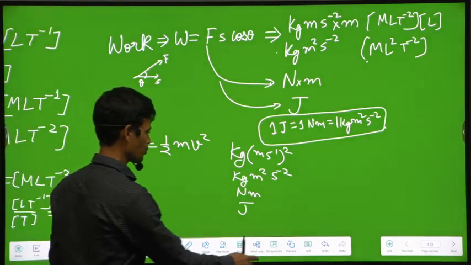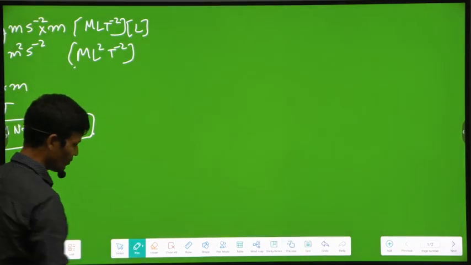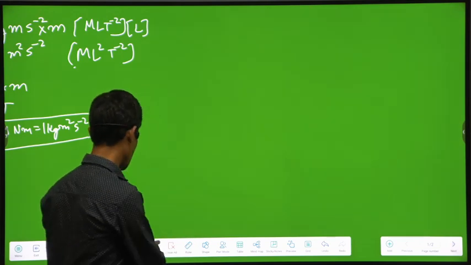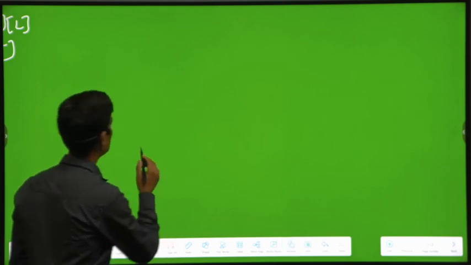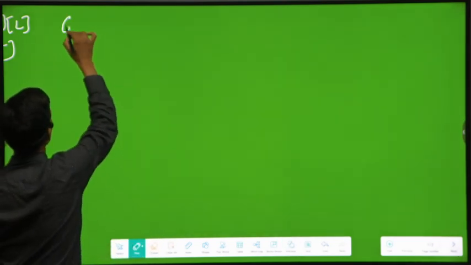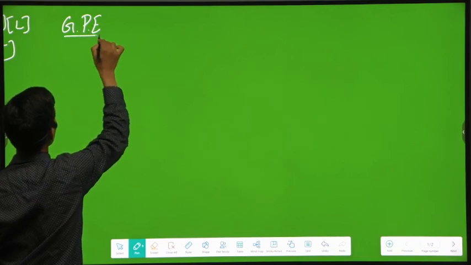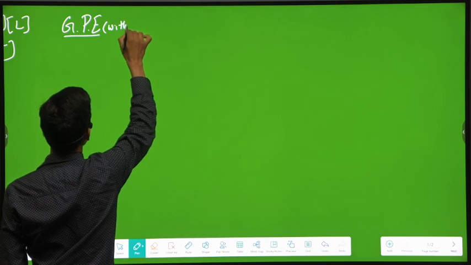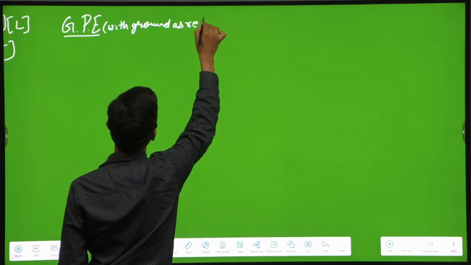Next, there is potential energy, but be very careful. There are several types of potential energy. What I am discussing here is gravitational potential energy, with ground as reference.